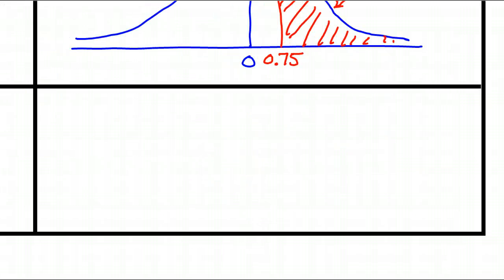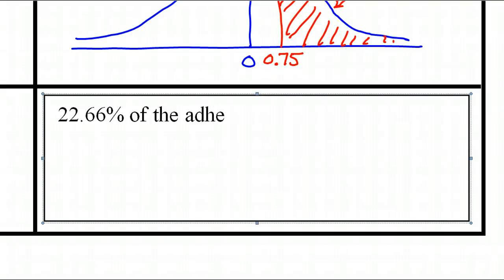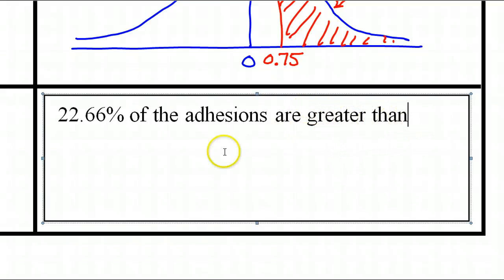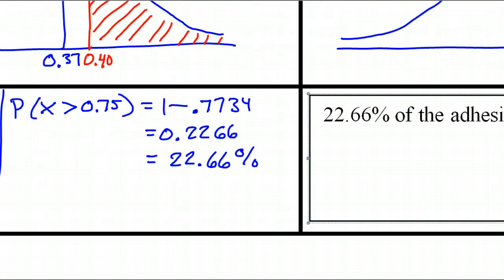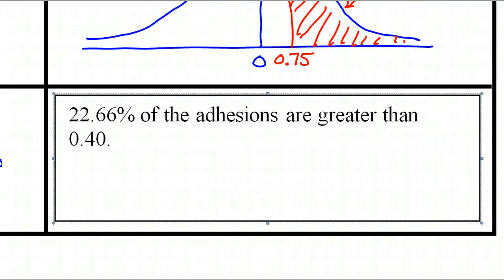So let's go ahead and write our summary sentence statement. 22.66% of the adhesions are greater than 0.40. And there you go.